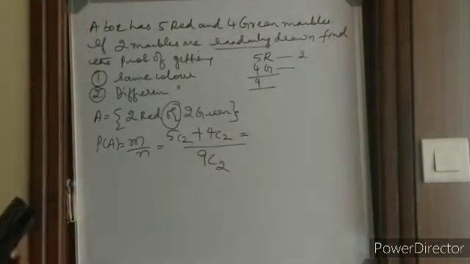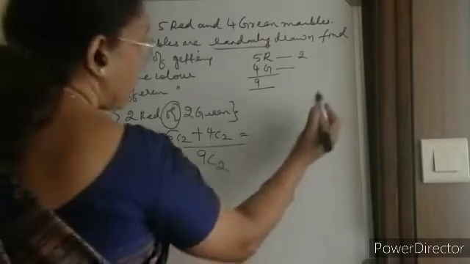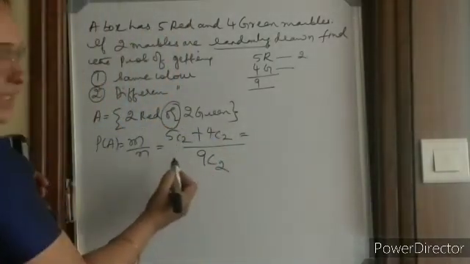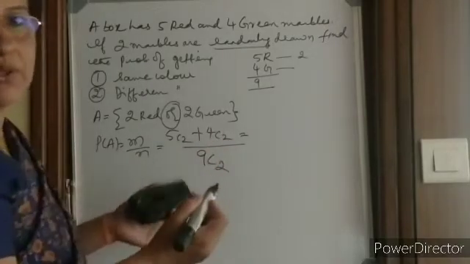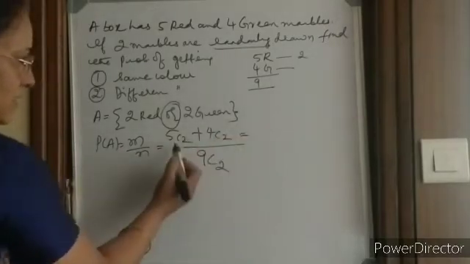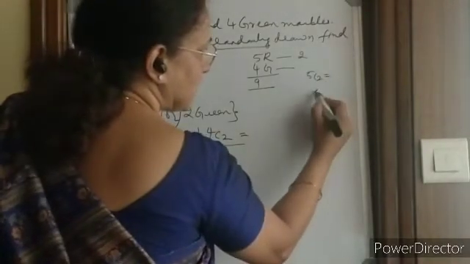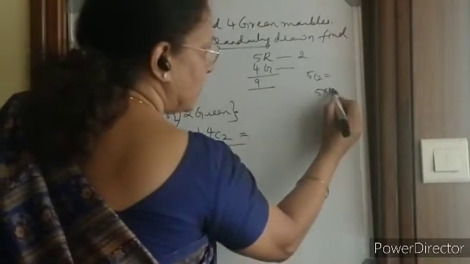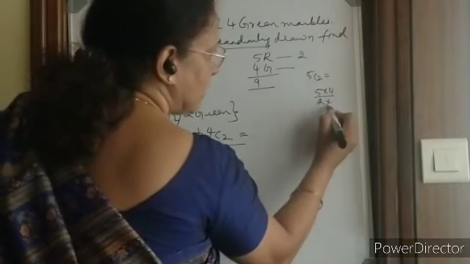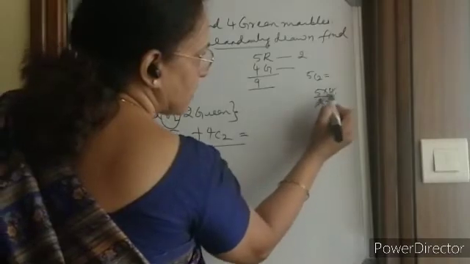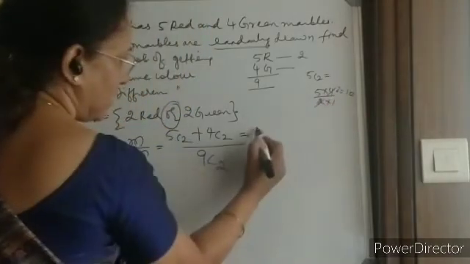Now this is how you will have to work it out. Of course, I don't know whether it is taught for you, you have a shortcut method. If not, the tables will be given to you, you can simplify. Now the shortcut method is something like this. Suppose you want 5C2, you write 2 numbers starting from 5 backwards, 5 into 4, and this is 2 into 1. So only 2 numbers. So this you can cancel, so you get 10.